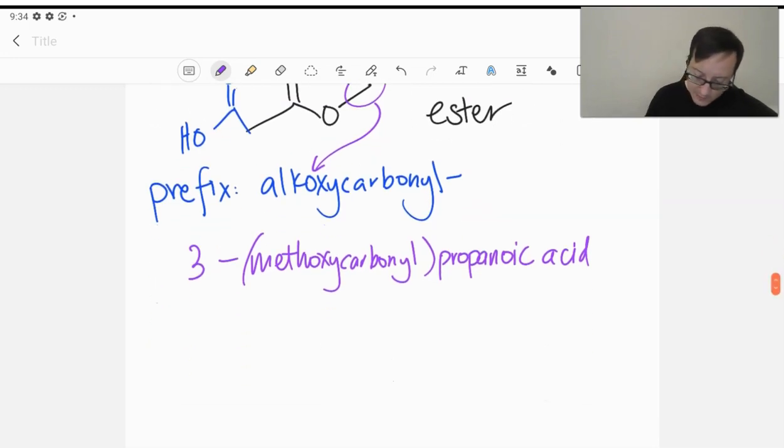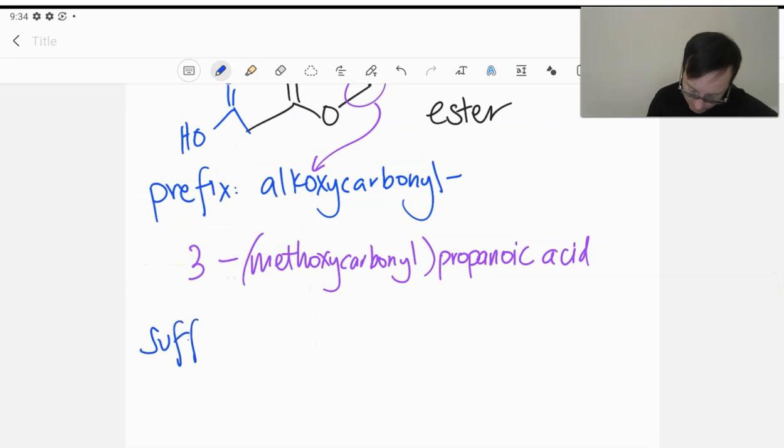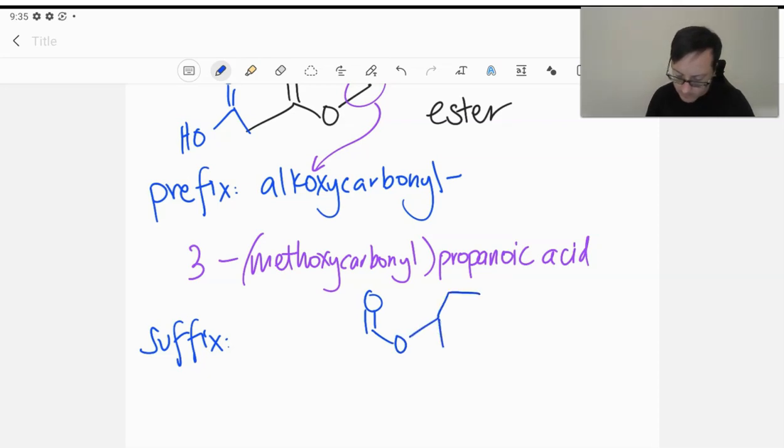If you have a suffix ending, what you have to do is label everything that's on the oxygen side of the ester first, and then, here, we'll do an example. You'll name everything that's on the oxygen side of the ester first as a substituent.